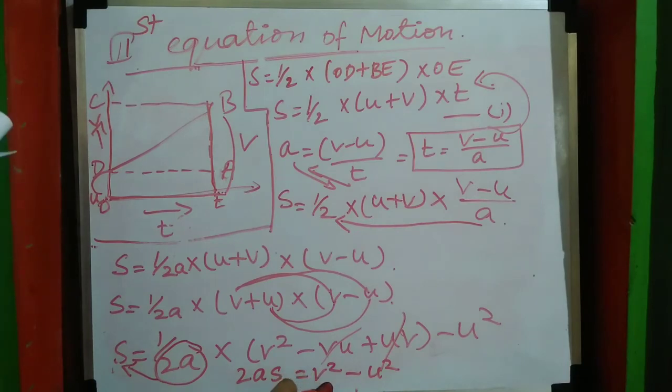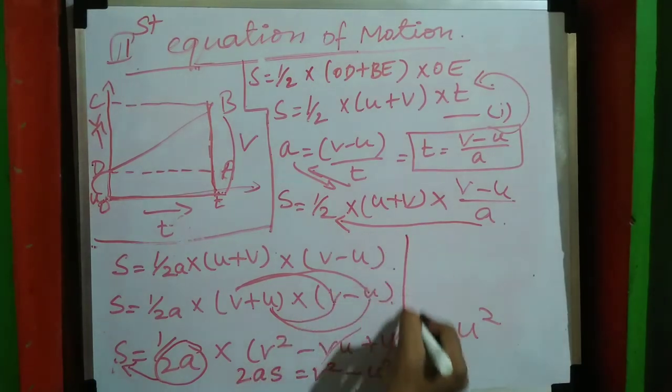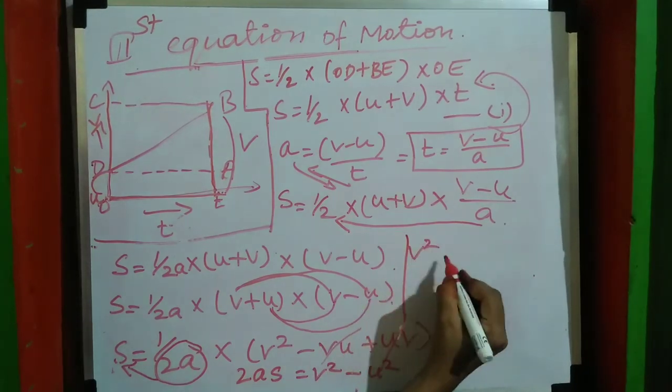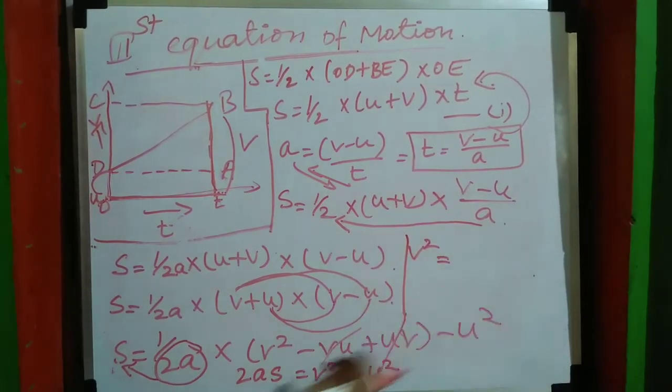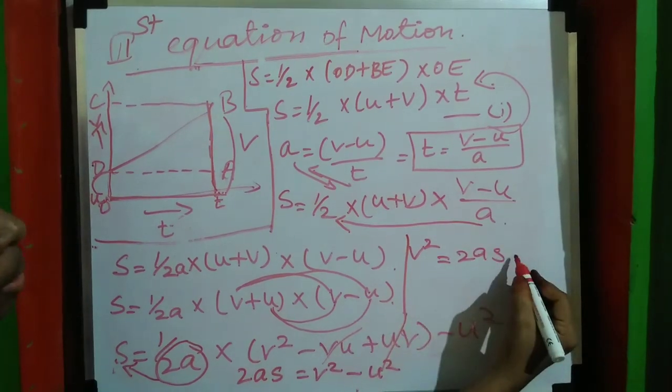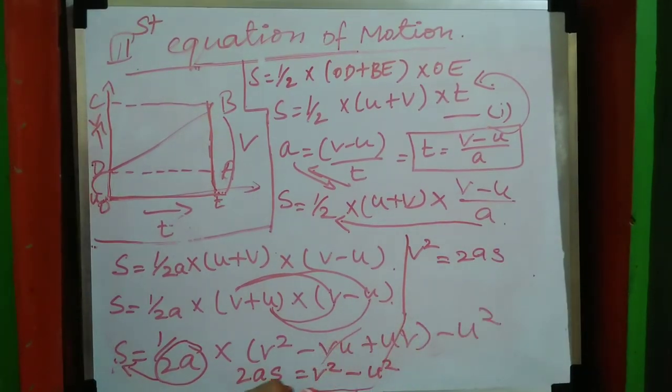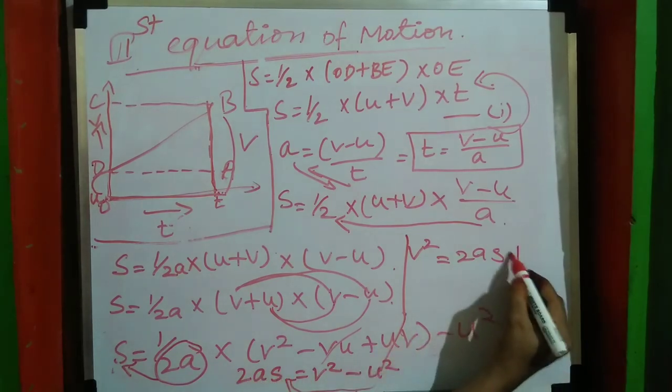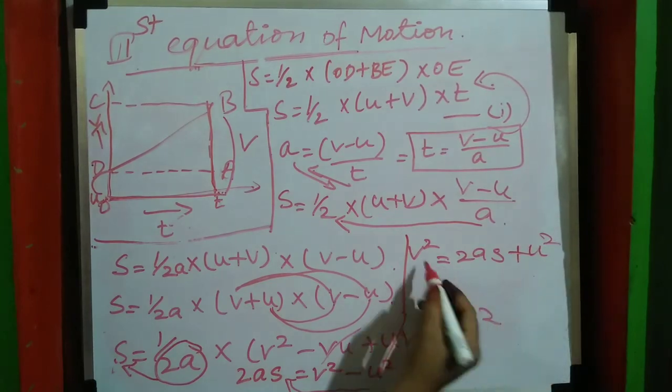We want the equation only for v square, so rewrite this equation. v square is equal to 2as, and the u square value goes to the other side, changing to addition. So plus u square.